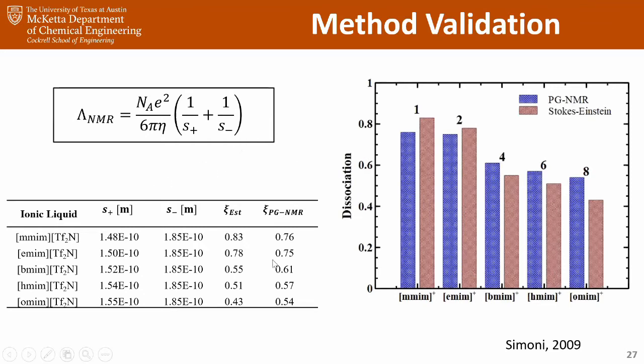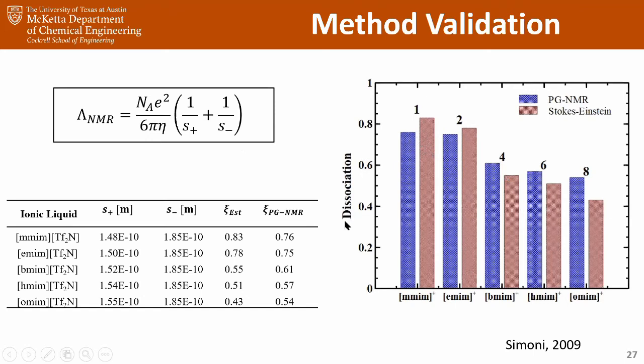And so here, the first thing we want to do is compare this approximate method using the viscosities to the values that you get when you use the pulse field gradient NMR. These are the same data that I showed you earlier. So now we're comparing those values from ionic conductivity and pulse field gradient NMR to the values that we get with our approximate method.